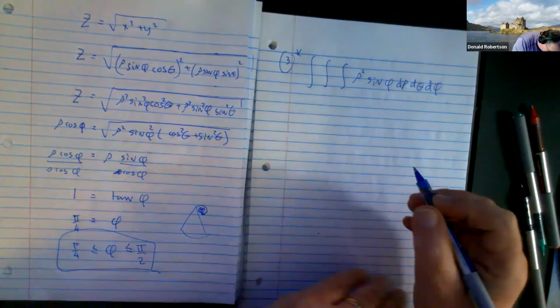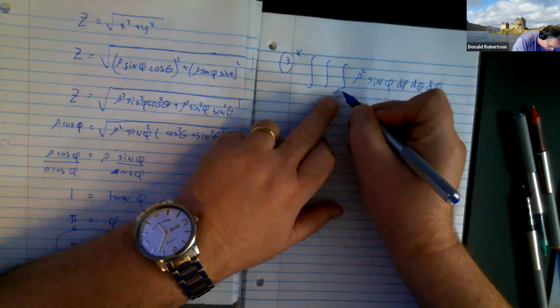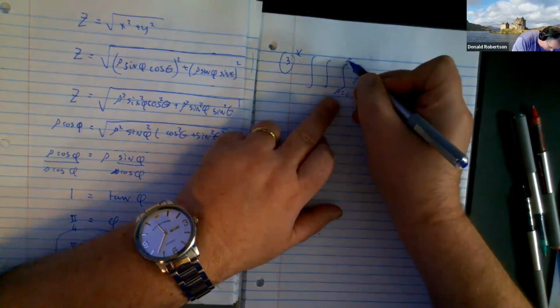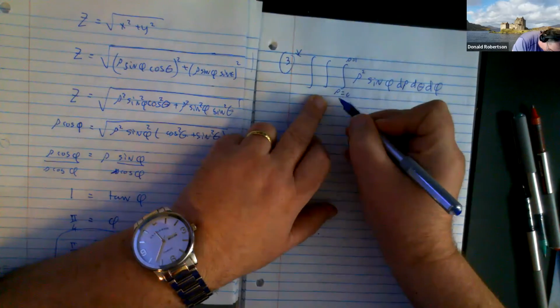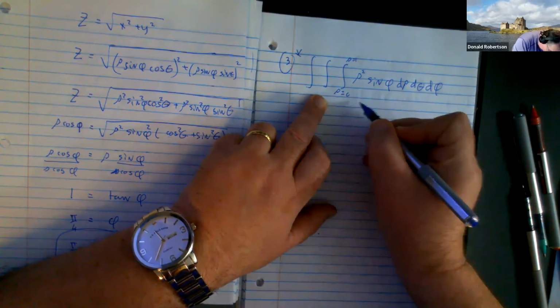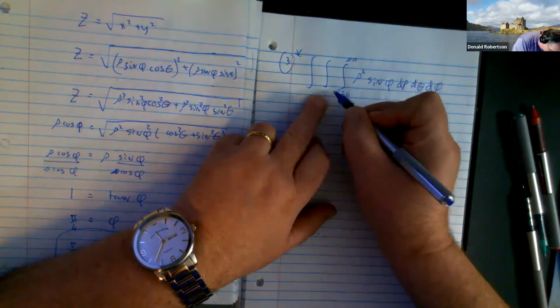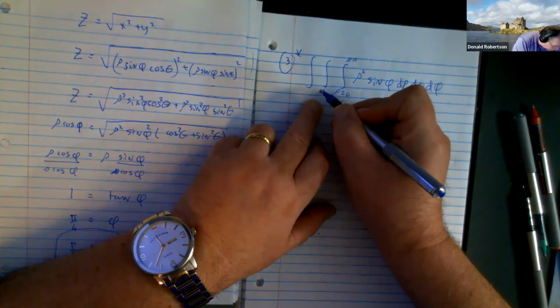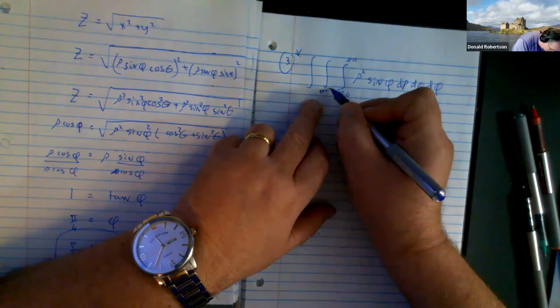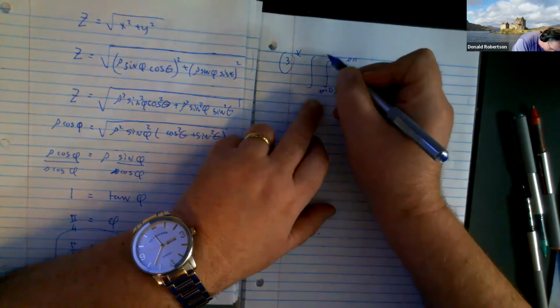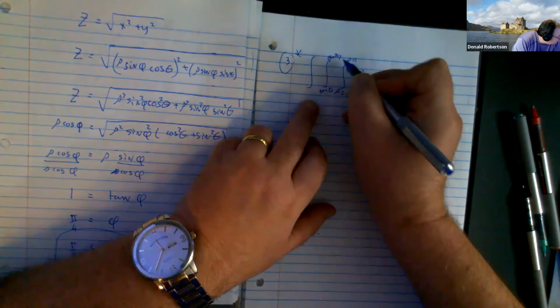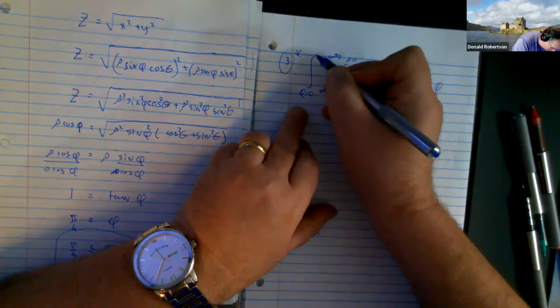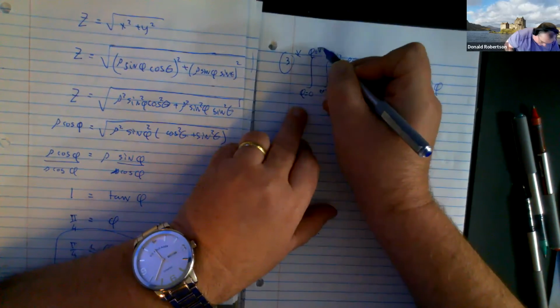And that has rho going from 0 to 1. Make sure it's theta second there. This is going from theta equals 0 to pi upon 2. And this is going from phi equals 0 to phi equals pi upon 6.